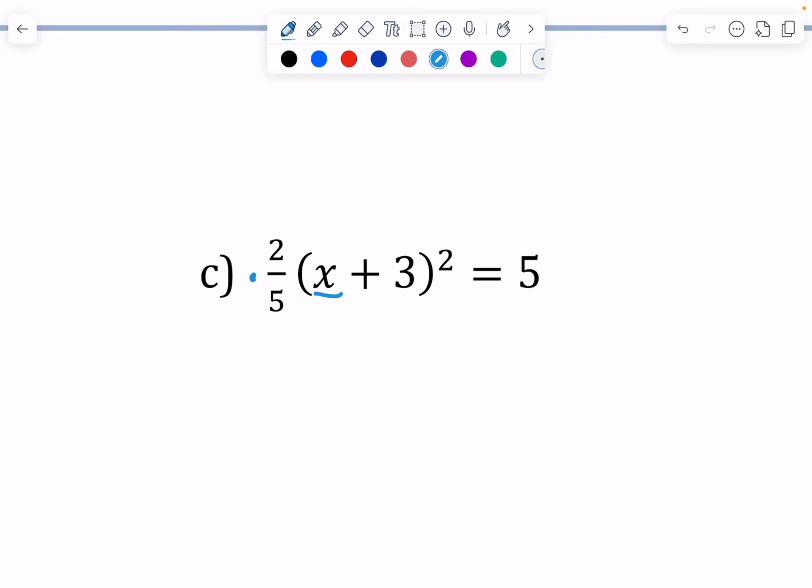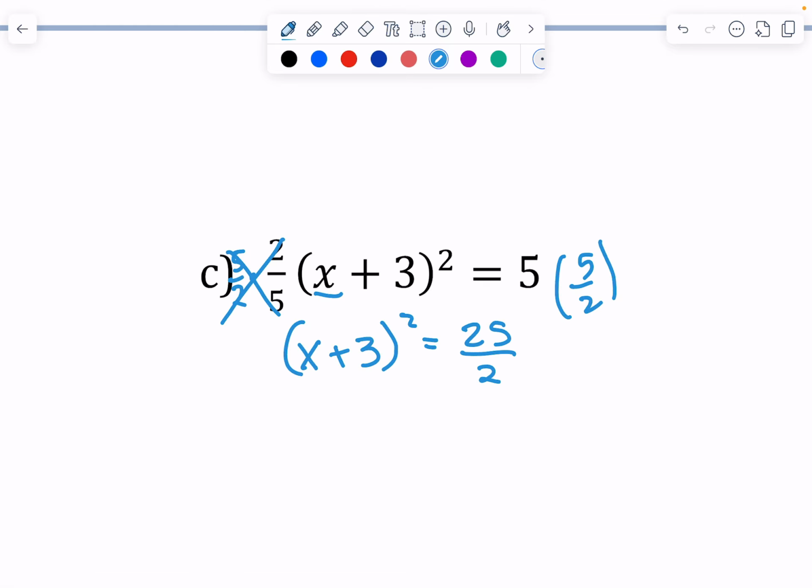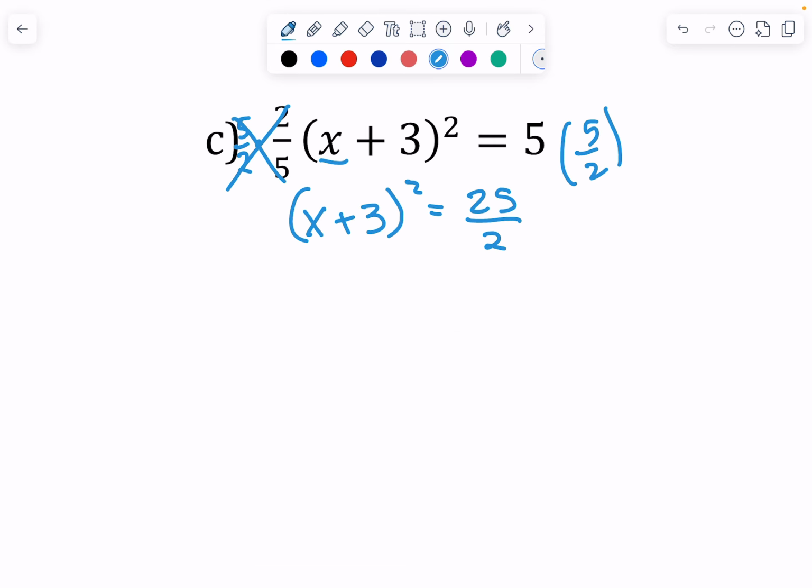So I'm going to multiply both sides by 5/2. 5/2 times 2/5 cancels, so I'm left with x plus 3 squared. And then 5 times 5/2 is 25/2. Now I need to get rid of this power of 2, so I'm going to square root both sides.